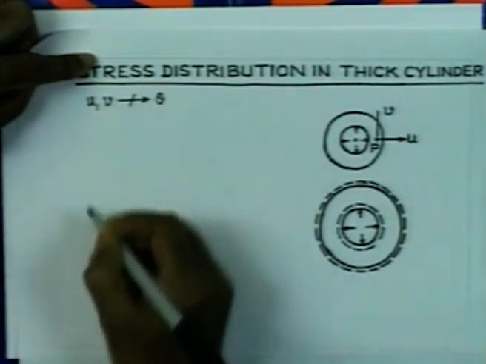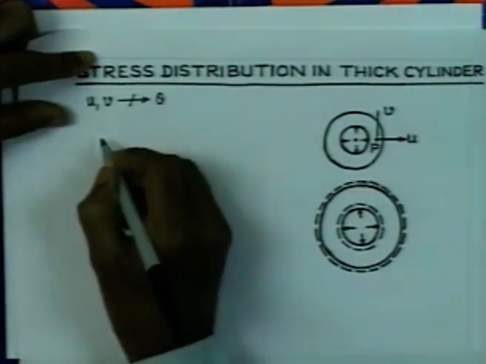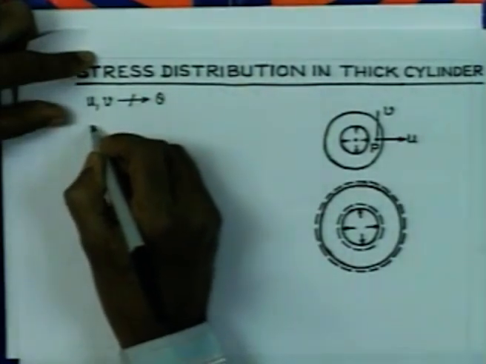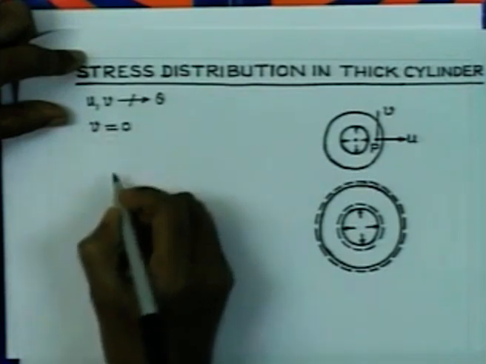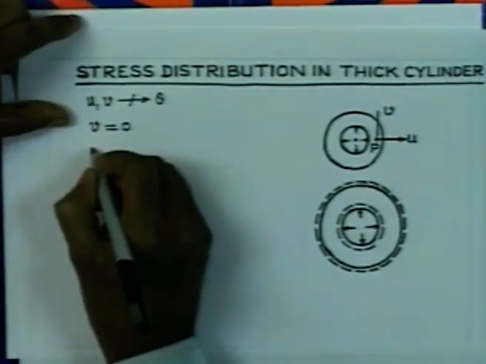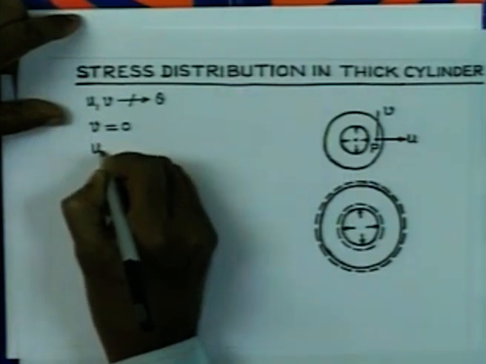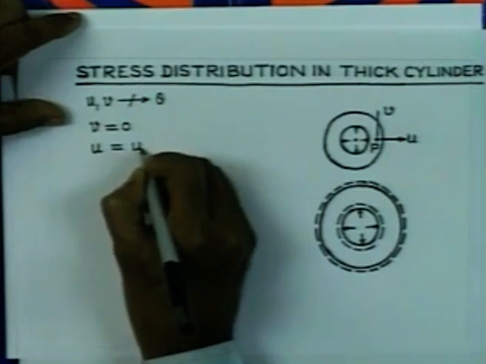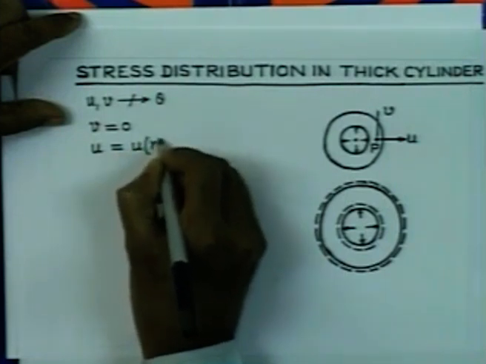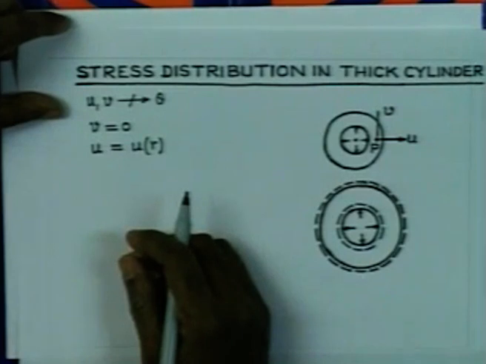So, there is no dependency on theta, and then what we find in this case is that v is equal to 0, and what we have finally is that u is a function of only radius. So, therefore, u is a function of radius alone in this case.